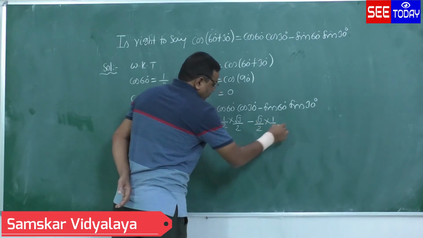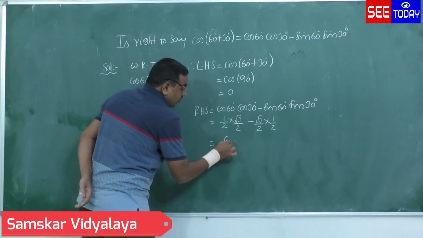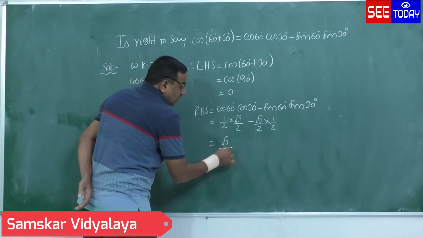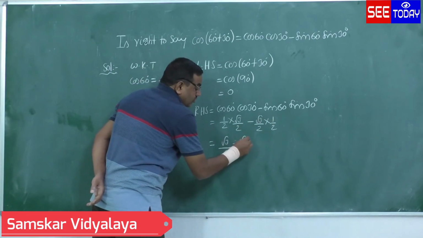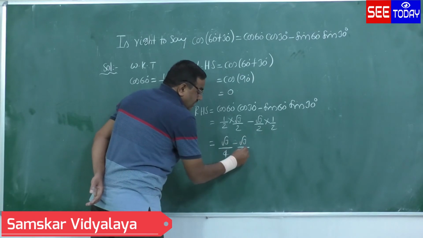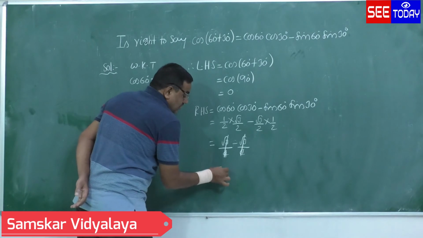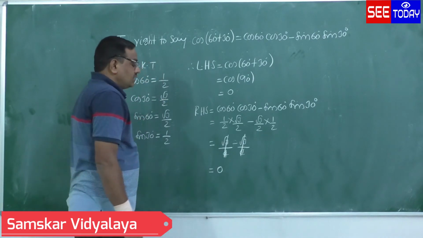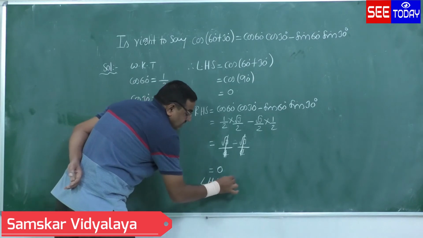Sin 30, 1 by 2. Now, 1 into root 3, root 3 by 2 2s are 4. Root 3 into 1, root 3 by 2 2s are 4. Plus root 3 by 4 minus root 3 by 4 is equal to 0. By this what you have to say? LHS is equal to RHS.